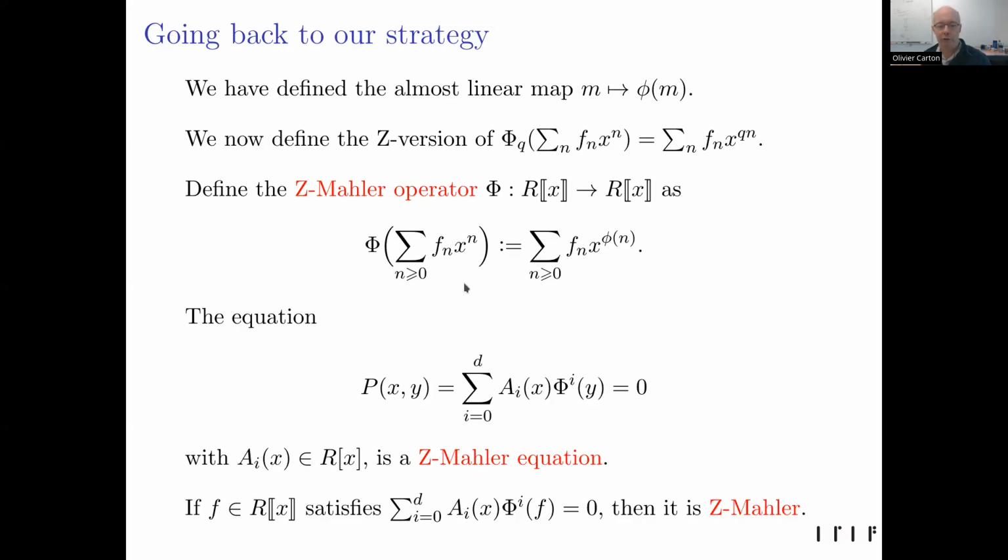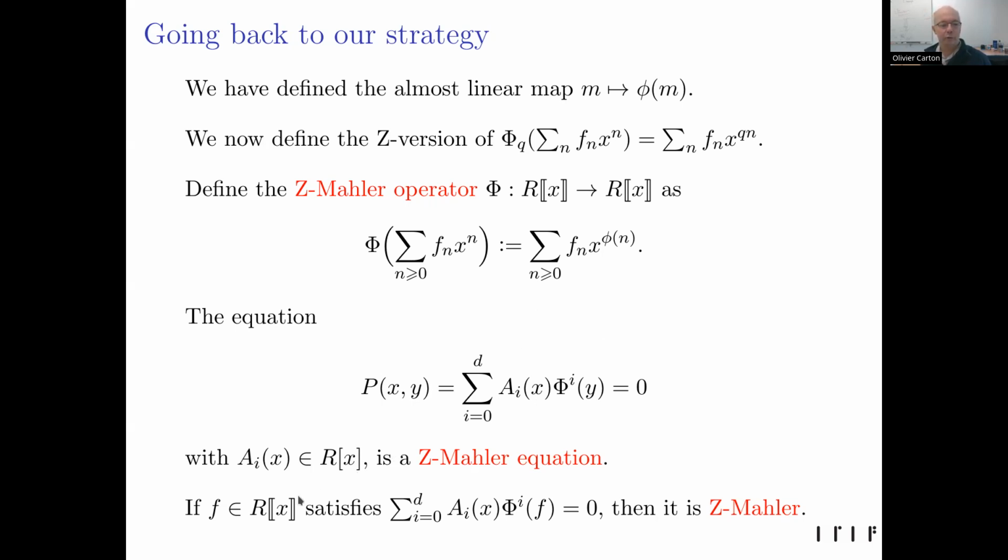Of course, it is linear by definition. And then we said that such an equation, where the a_i are still polynomials, and we have this iterated use of this new operator phi, we call such an equation a Z-Mahler equation.